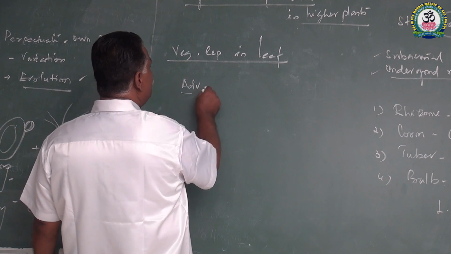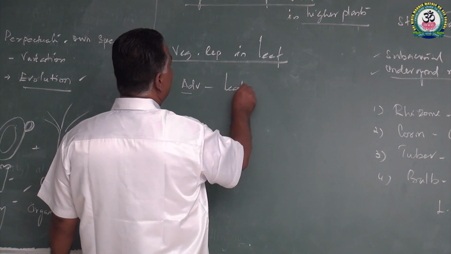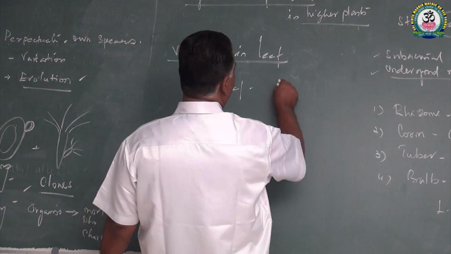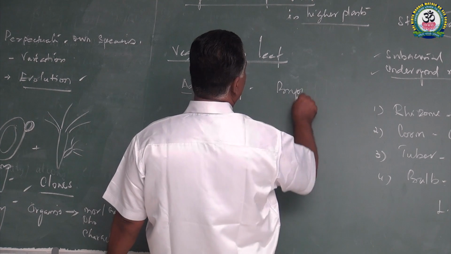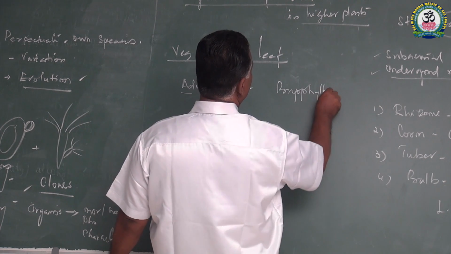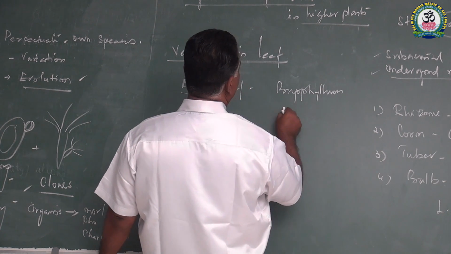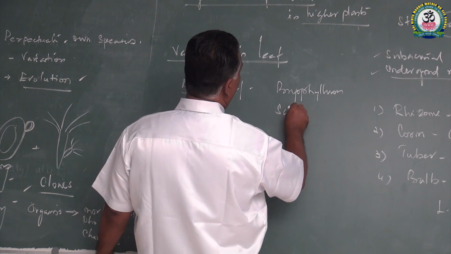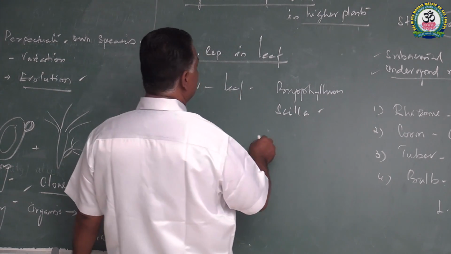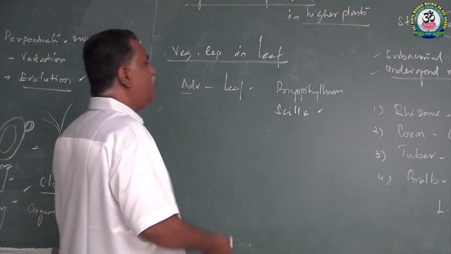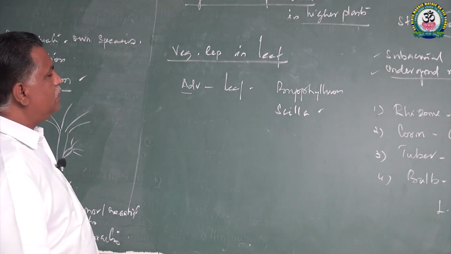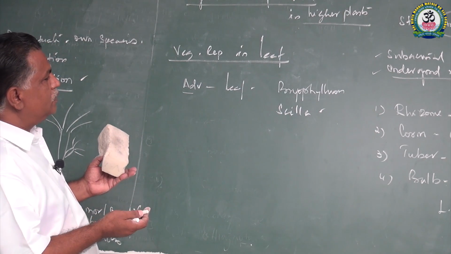Vegetative adventitious buds are produced in leaf in plants like Bryophyllum, Scilla, and some other plants like this.